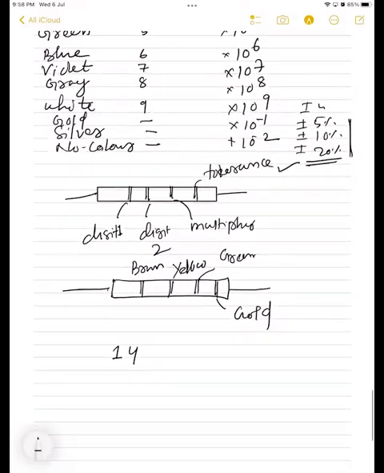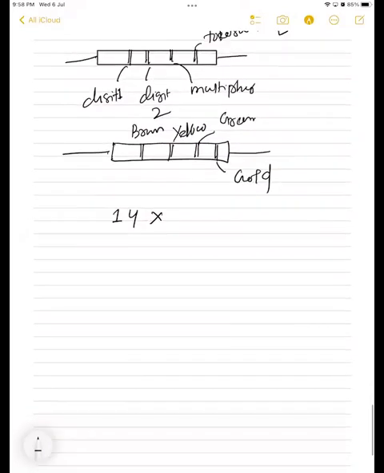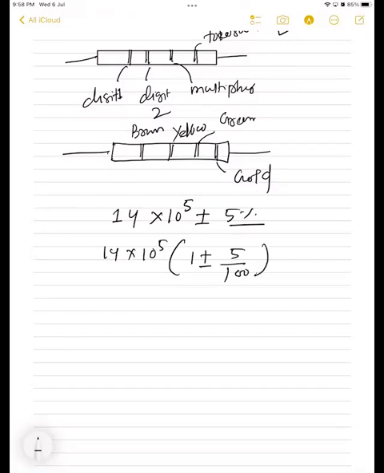Yellow is for 4, right? Then into. For green, what is the multiplier for green, students? Green is 5, so it is 10 to the power 5. So 14 into 10 to the 5, plus or minus, gold is tolerance 5%, right? So the resistance is going to be how much, students? 14 into 10 to the power 5, whole, taking common 1 plus or minus 5 by 100 ohm, right?